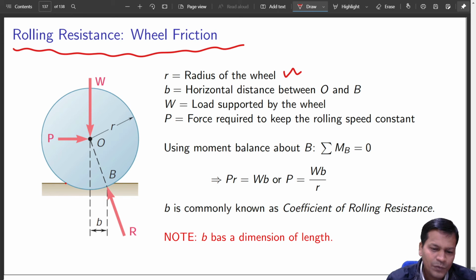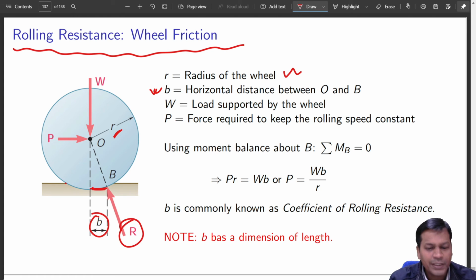You have the radius of the wheel, standard. B is this width, the width that goes from here to here, where you can assume your normal reaction is effectively acting.